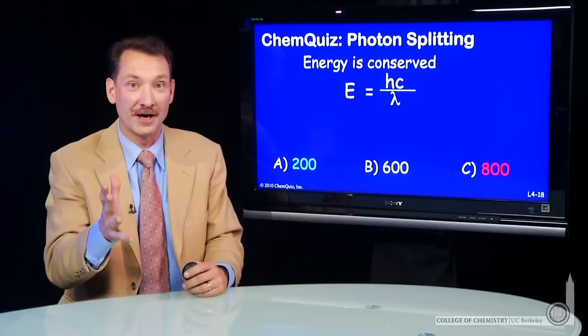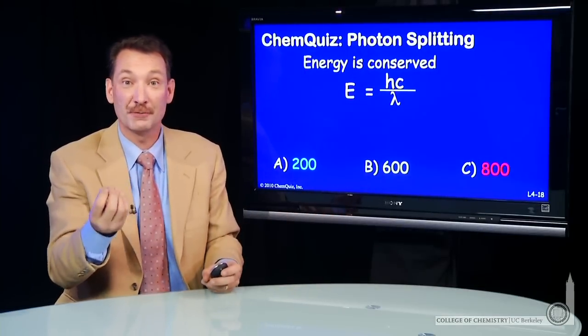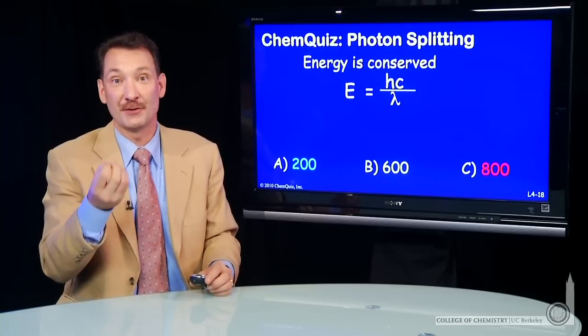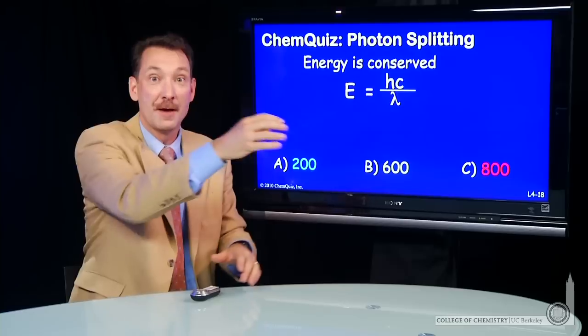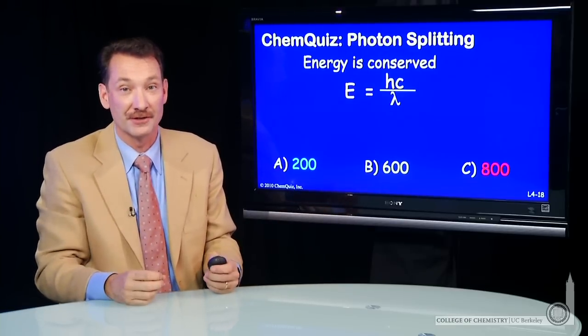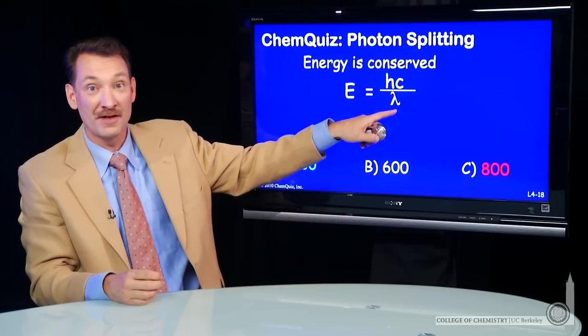When we split a photon into two other photons, the total energy that we start with can't be lost. So energy will be conserved. So the two smaller photon energies must add to the original photon energy. And photon energies add as the inverse of the wavelength.